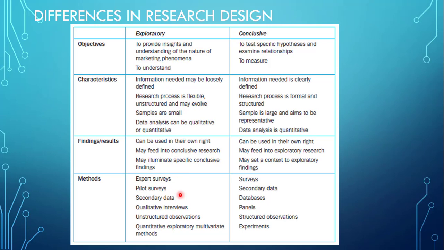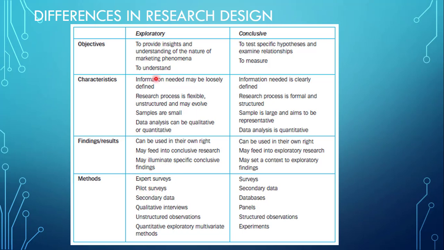In exploratory, you can use unstructured observation, but in conclusive, because it is formal and structured, you are going to use structured type of observations. And in exploratory type of research design, the surveys are conducted by experts, but in conclusive the surveys are not necessarily expert based.